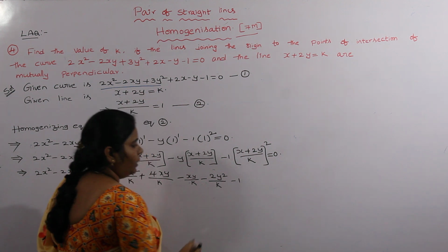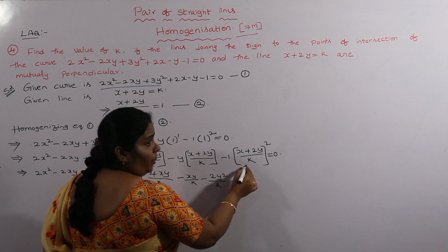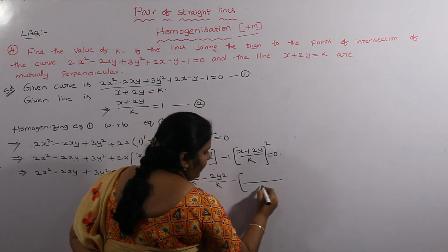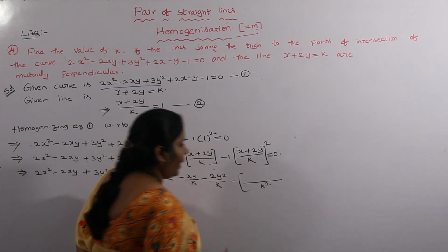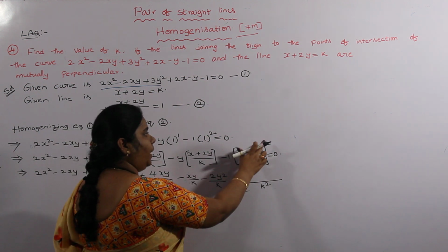Minus 1 into denominator k square, divided by k square, take it as this, and the numerator is in the form of a plus b whole square.